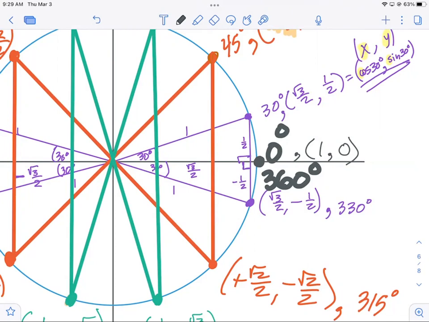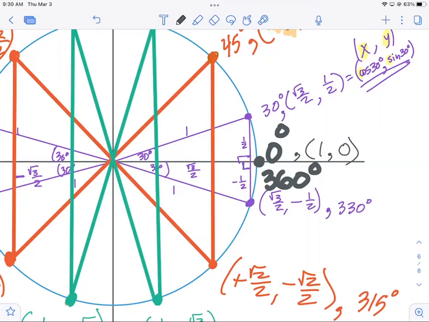Triangle abuse, maybe. All right. So what would the secant of 0 degrees be? It's the reciprocal of 1, yeah? What's the reciprocal of 1? 1. So what's cosine of 0 degrees? 1.